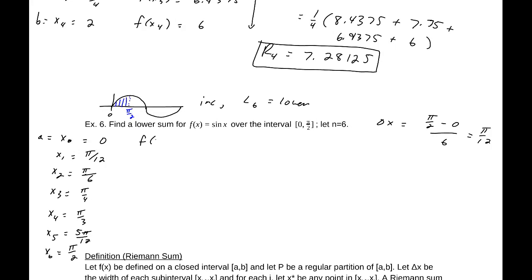Now, I am not going to actually evaluate these. We have sine of 0, sine of pi 12ths, f of x2, sine of pi 6ths.